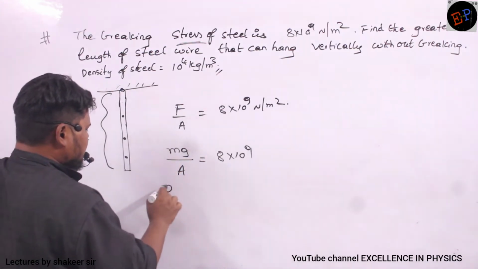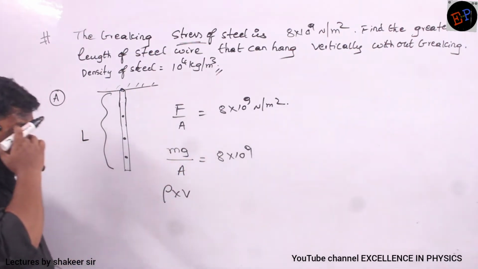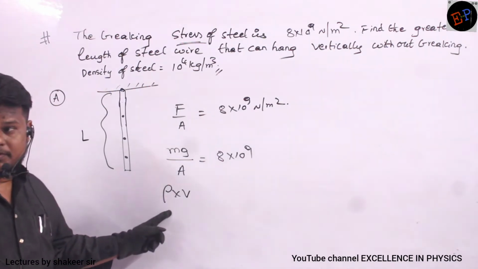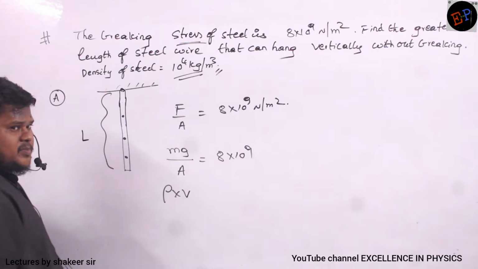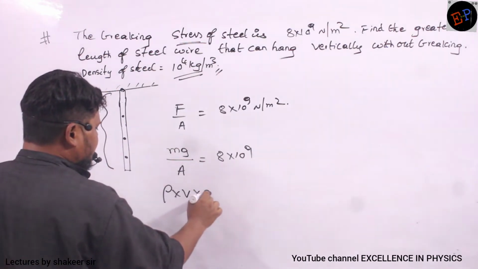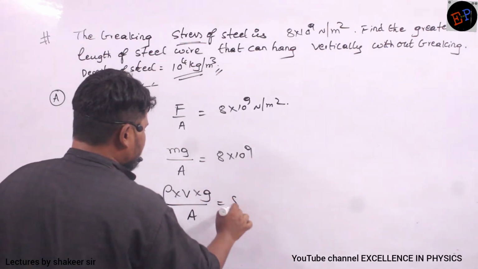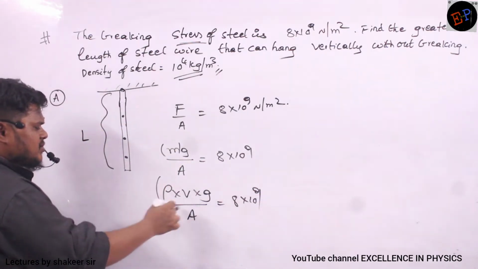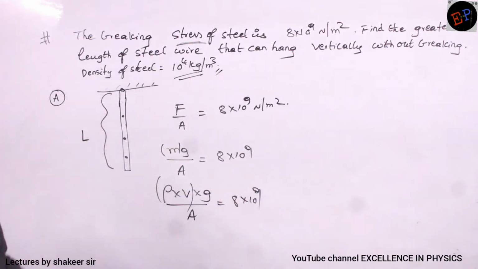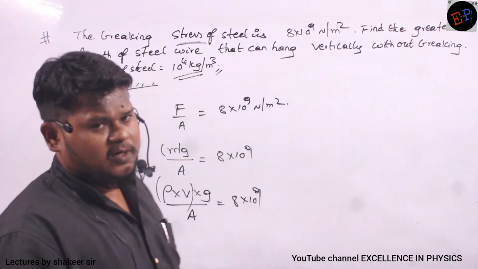Mass can be written as density into volume. Because the density is given, I am doing it in this method. So mass into G divided by A is equal to 8 into 10 power 9. Density is already given as 10 power 4. Volume is not given, so how can I calculate it?